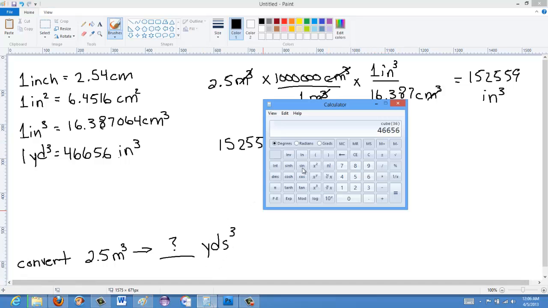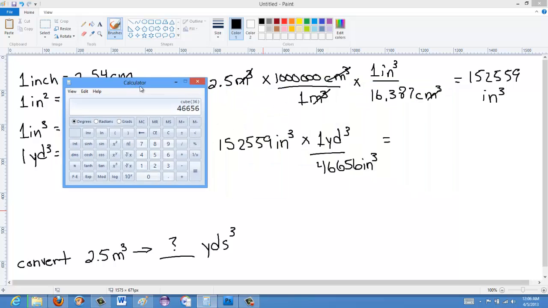So I would take 152,559 divided by 46,656, and I end up with 3.27 cubic yards.